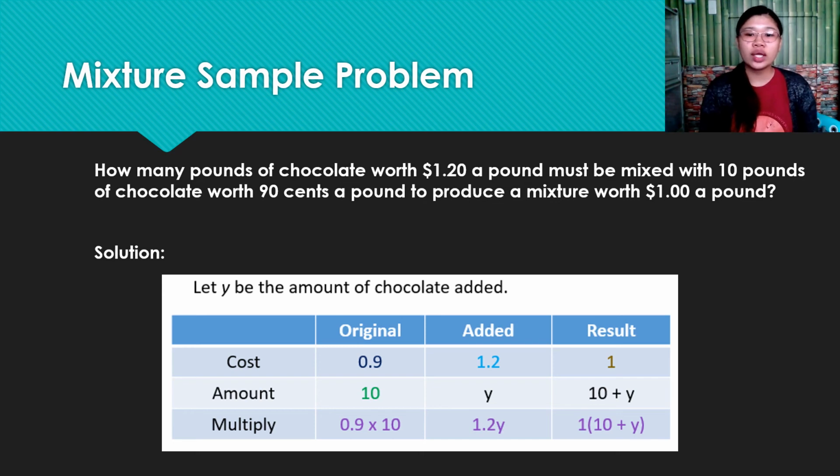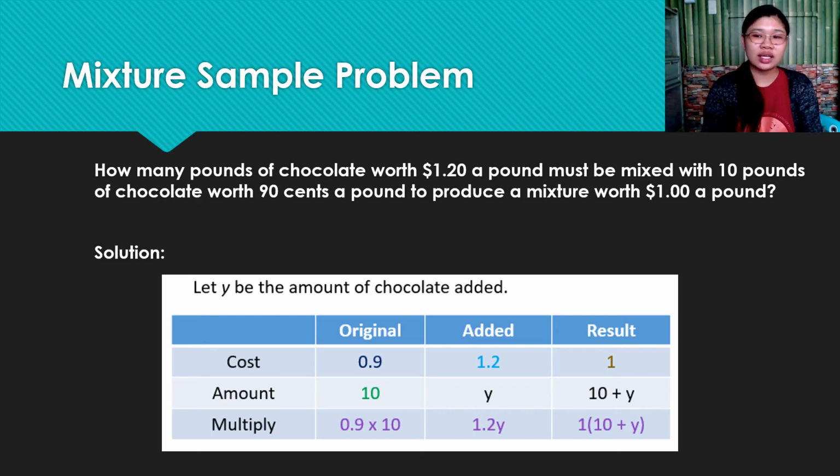So what is the amount of chocolate that we need? We are given the cost, which is $1.2. But the question is how many pounds of chocolate we need.